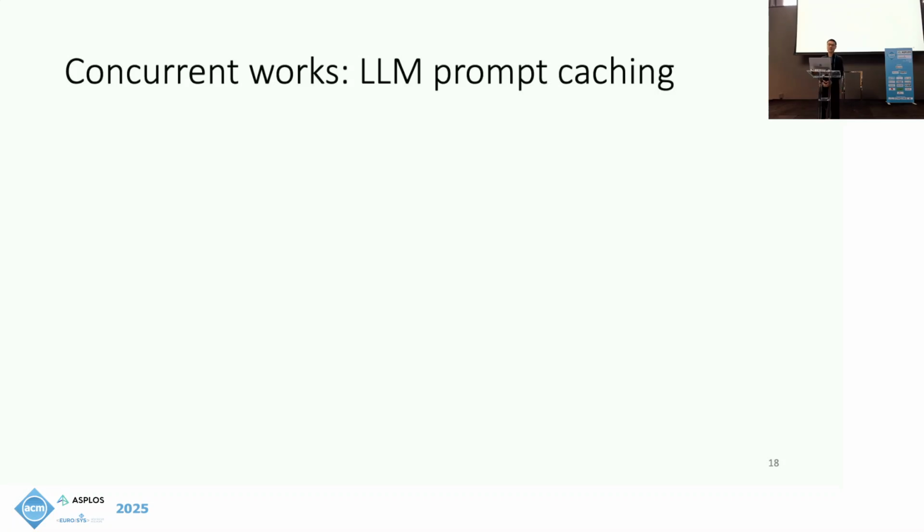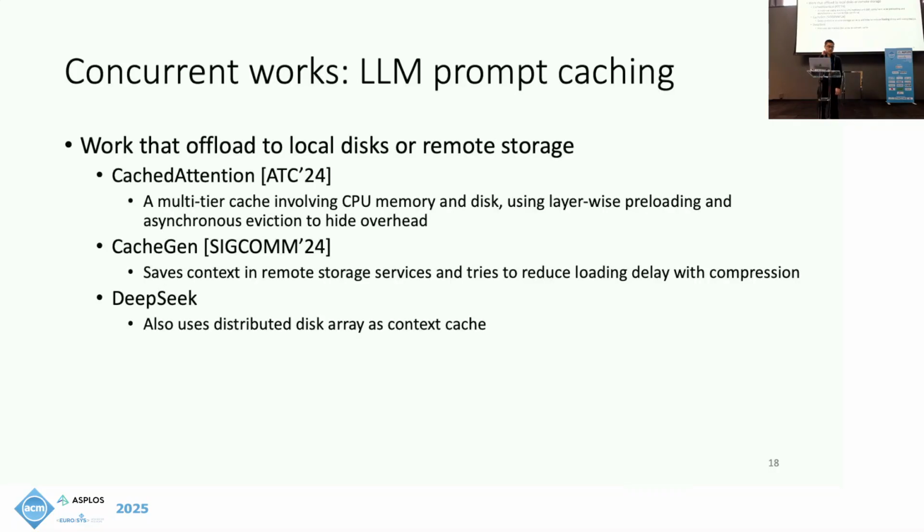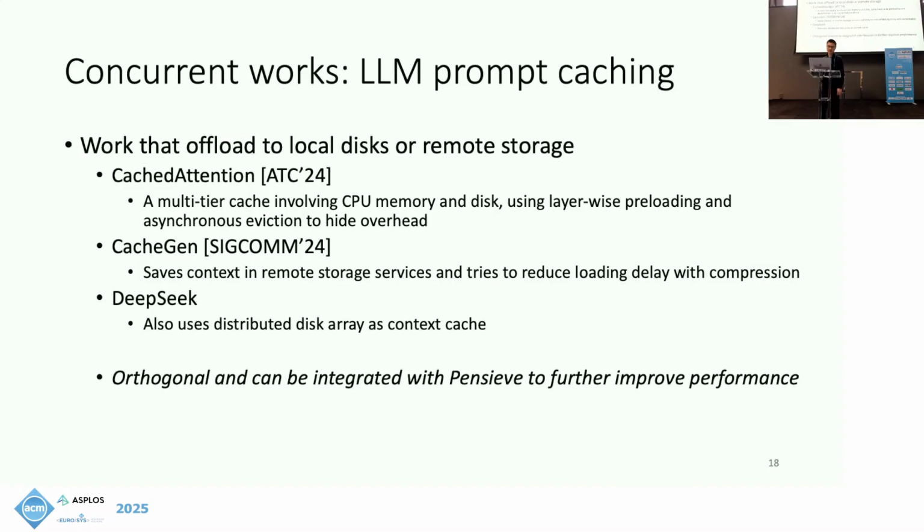Since this is a very fast-moving area, I would also like to compare to some of the concurrent works to better present the difference here. I think the first line of work tries to offload to local disks or remote storage for this caching. This includes CachedAttention, CacheGen, and DeepSpeed. Compared to these works, their approaches are orthogonal and can be integrated with Pensieve to further improve performance.